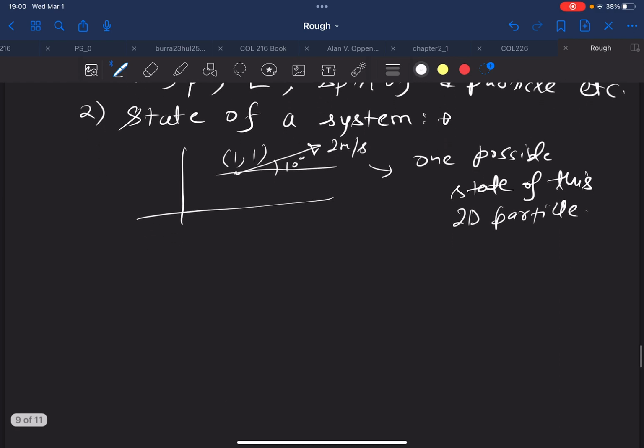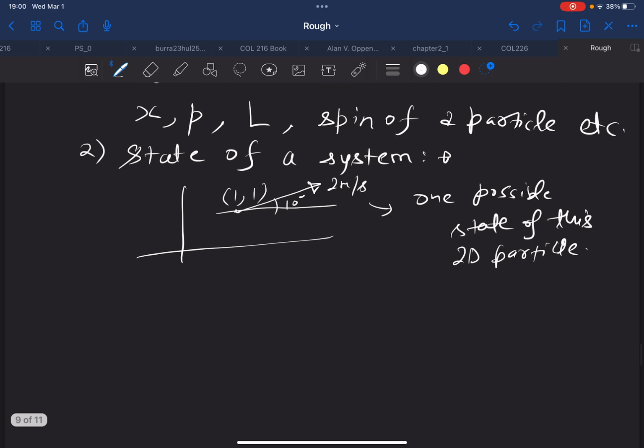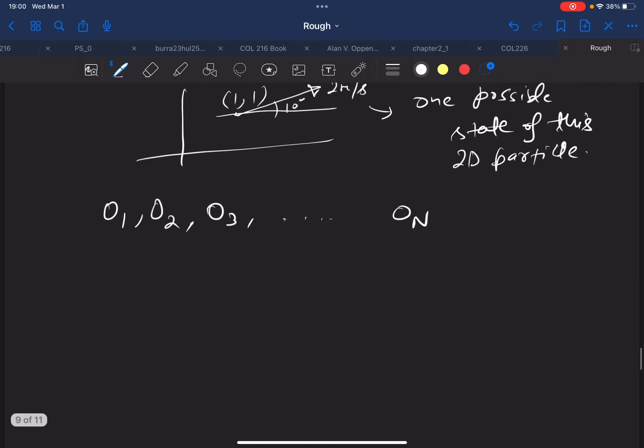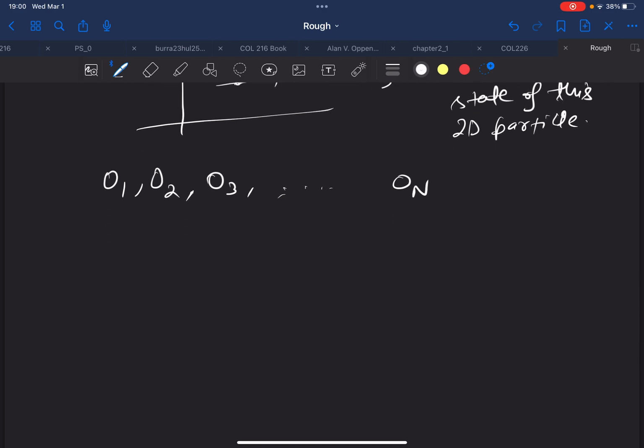Similarly, we can generalize this concept to a state which is characterized by, let's say, n observables. So if we have n observables for a state O1, O2, O3 up till On, measurement of these observables will tell you the state of the system. For example, if we have a general observable Ok, then the measurements of Ok may be lambda 1k, lambda 2k up till lambda rk.